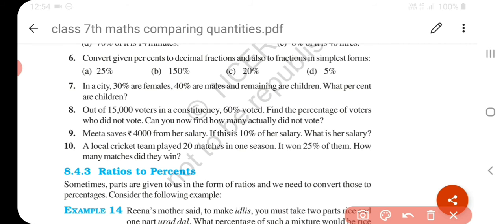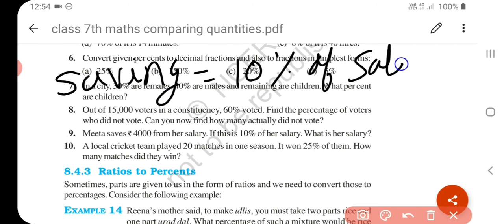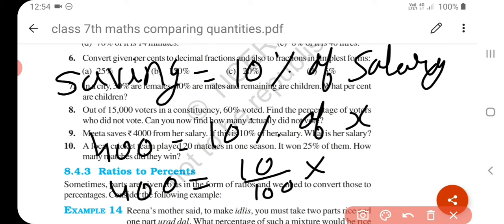So we have to write her saving. It's given saving is 10% of salary, and 400 is the saving. So 10% of x, suppose total salary is x, so you can write 400 is equal to 10 upon 100 into x.